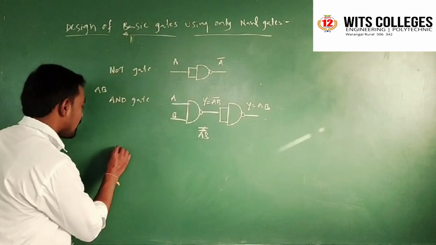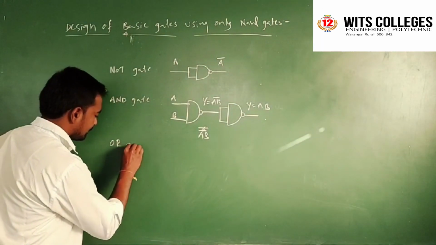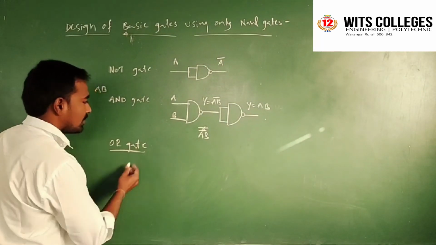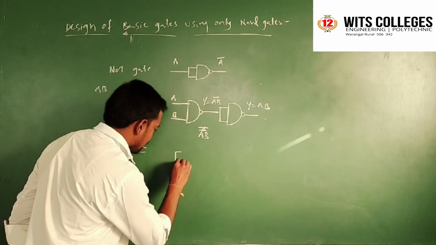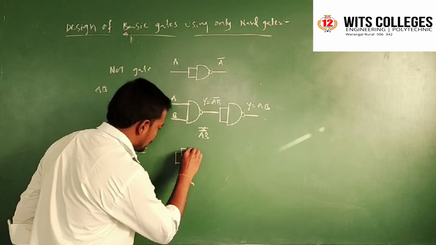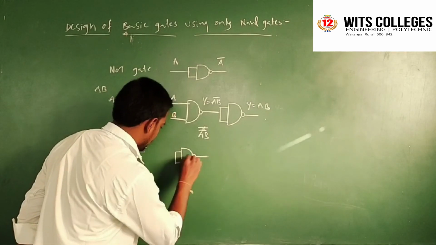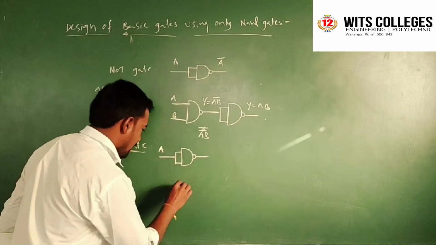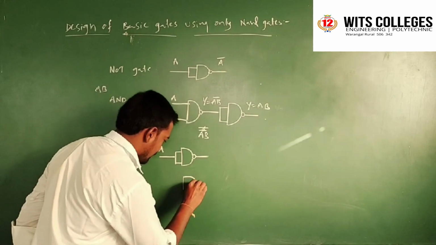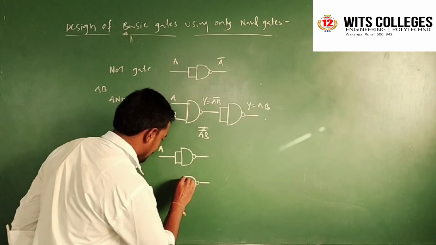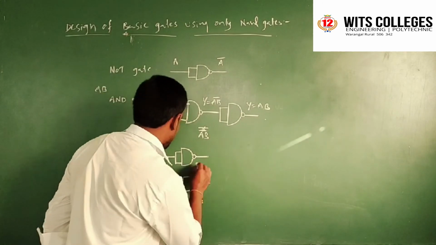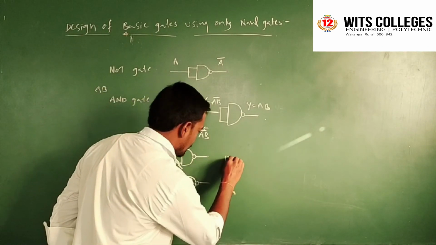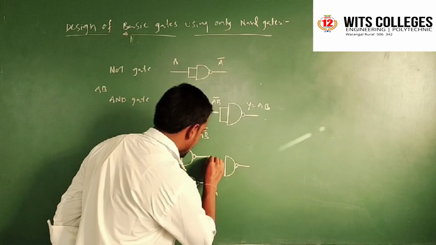And coming to the OR gate, see here I am giving a single input to a NAND gate, that is A, and another input that is connected to B, and these two outputs are connected to another NAND gate.